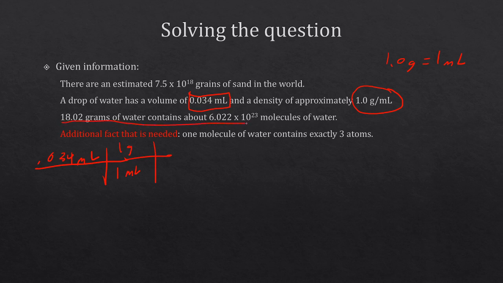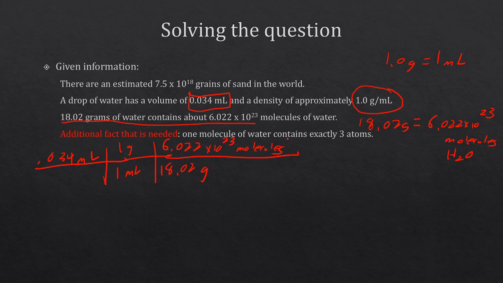I then know right here, while it's in words, that 18.02 grams is equal to 6.022 times 10 to the 23rd molecules of water. So if I have 18.02 grams, I could use that to convert to 6.022 times 10 to the 23rd molecules. And then finally, we know that 1 molecule of water contains exactly 3 atoms.